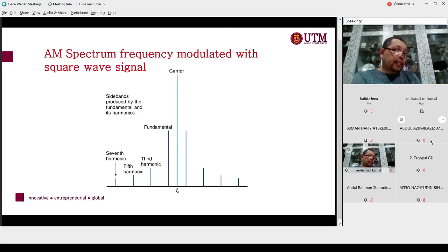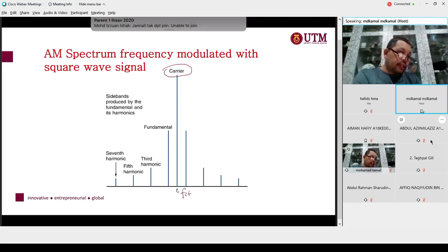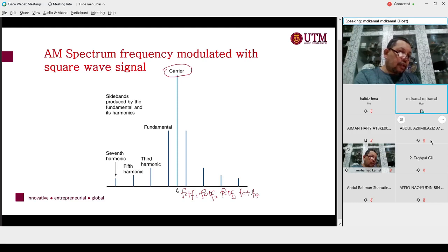All right, so you can see this is the carrier spectrum, FC. Of course, this one is FC plus F1, FC plus F2, FC plus F3, FC plus F4. Same thing as FC minus F1, FC minus F2, FC minus F3, FC minus F4.